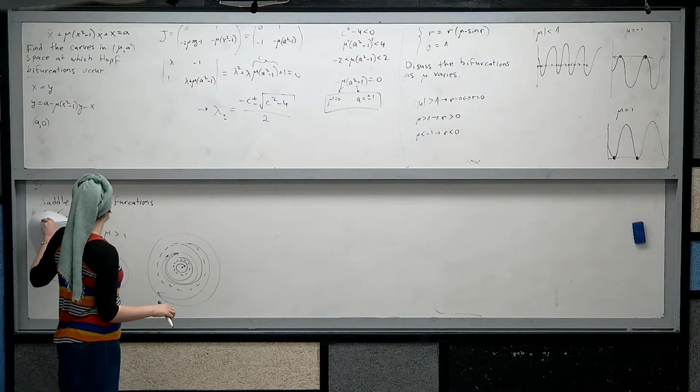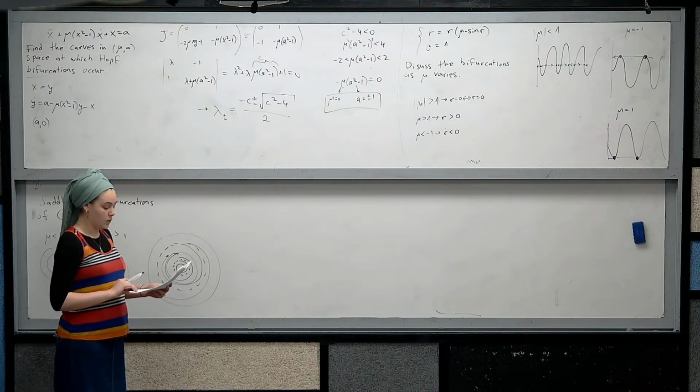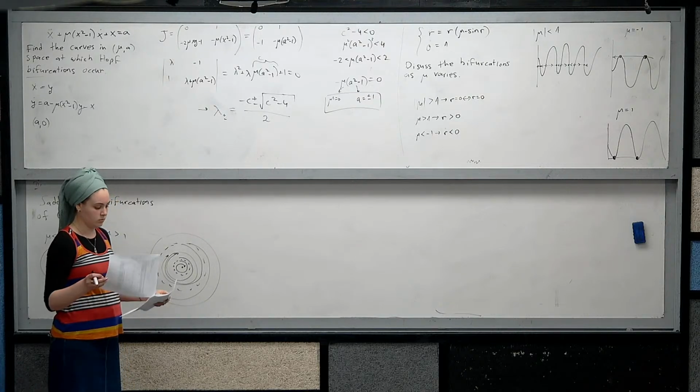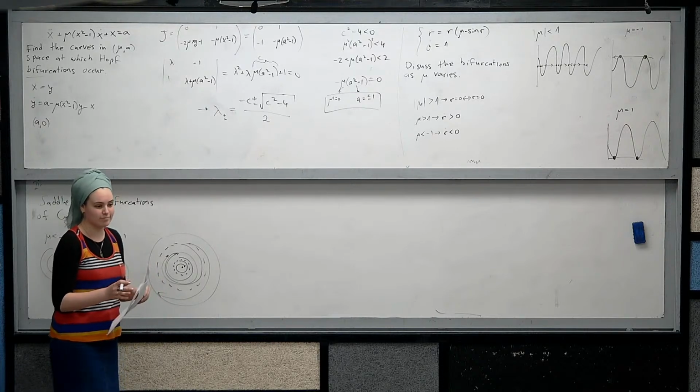This is called again saddle node bifurcation of cycles. Questions? Okay, so we finished.